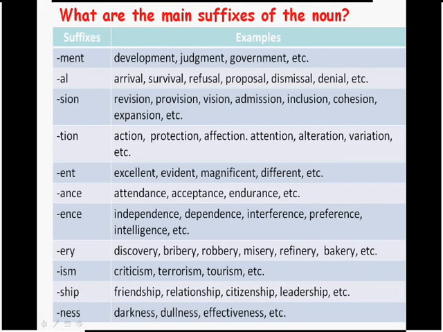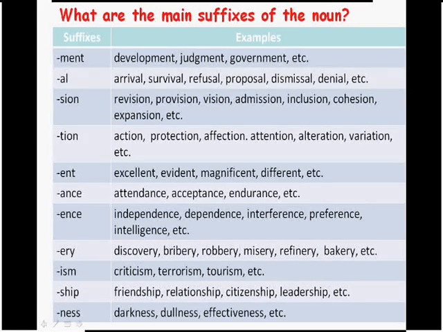The suffix we also have is sion, and we have revision, provision, vision, admission, inclusion, cohesion, expansion, and of course some other words. So the sion suffix at the end also tells me that I'm dealing with a noun.